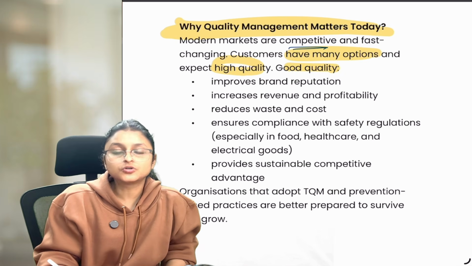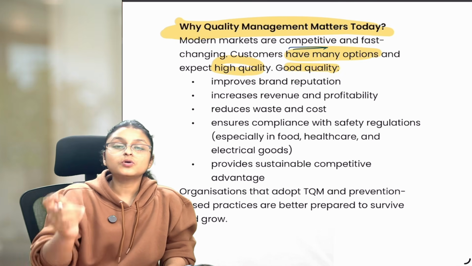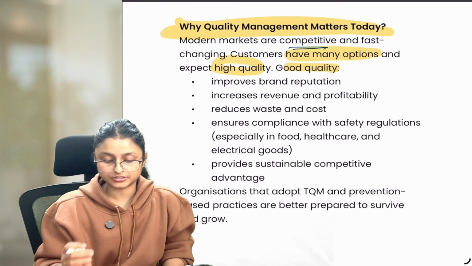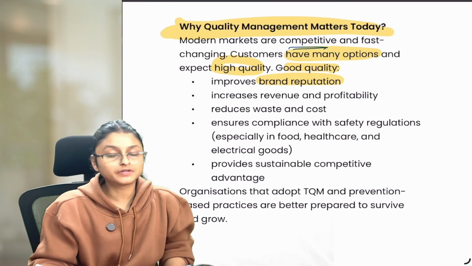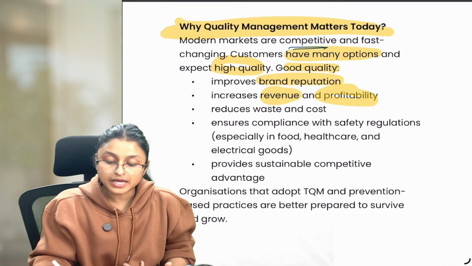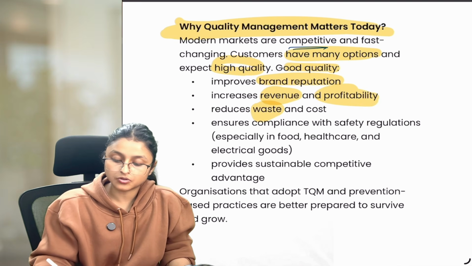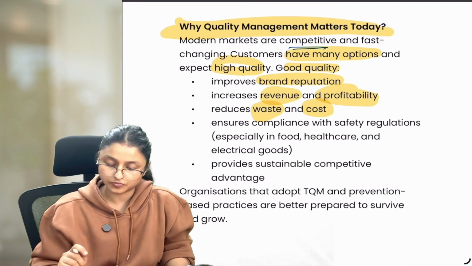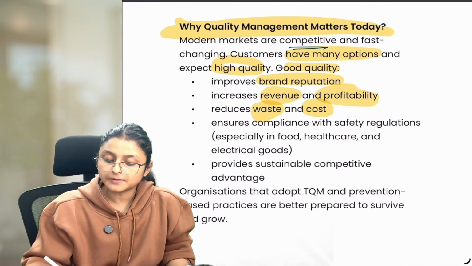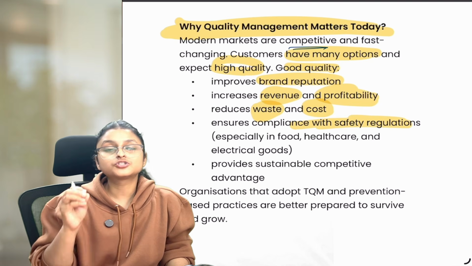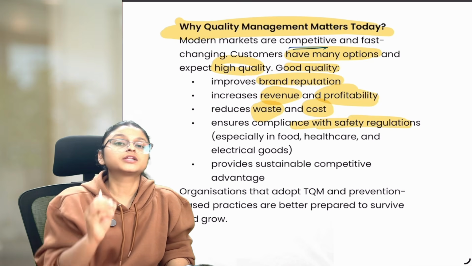If you provide good quality to the customer, you as a company or you as a manufacturer will get a lot of advantage. Like your brand reputation will improve, your revenue and profitability will improve, you will reduce waste as you are focusing on the quality, and you will reduce cost also. You'll ensure compliance with the safety regulations. Think about it, some of the products are there which require us to fulfill the regulations.